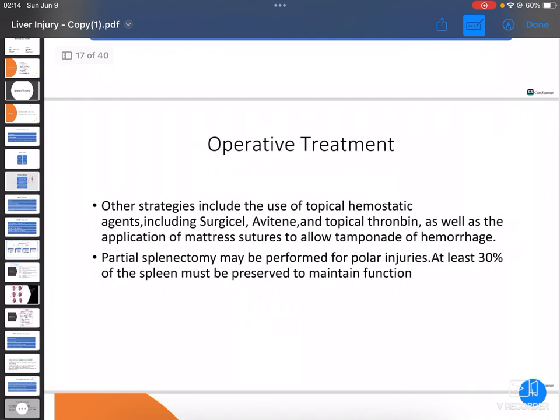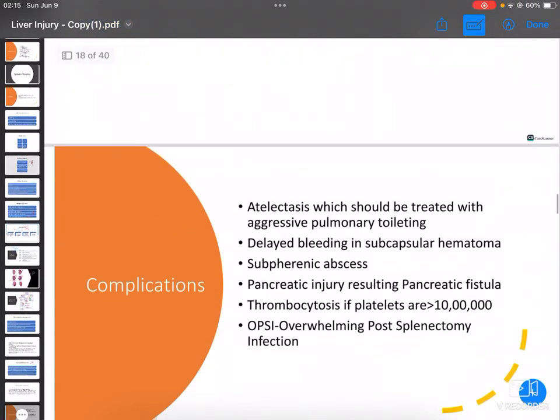Operative treatment or other strategies include the use of topical hemostatic agents, including surgical Avitene and topical thrombin, as well as the application of mattress sutures to allow tamponade of the hemorrhage. The spleen must be preserved to maintain function.